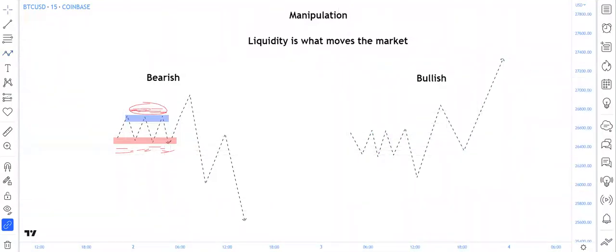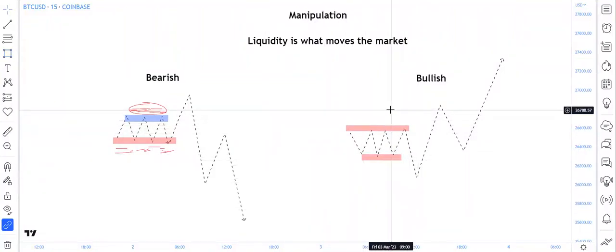Now, many retail traders would be wondering. Keep in mind, retail buyers are not wrong. They are right. They are bullish. You might be right, but it's how they get in and where they look to get in that differentiates retail concepts from smart money concepts.